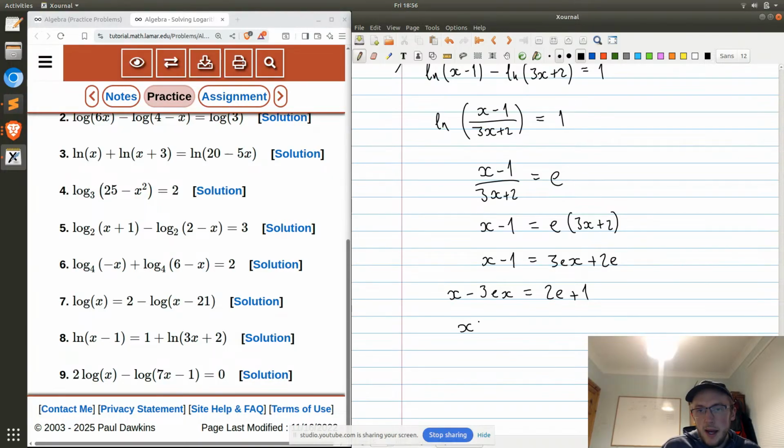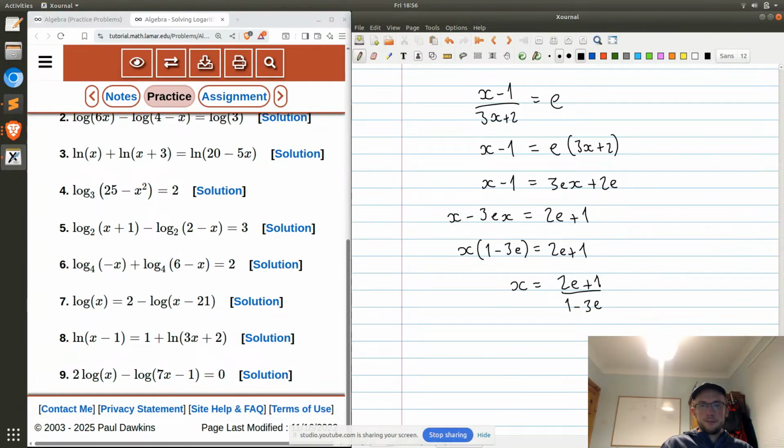And factor out x. And then divide. And there you go. Whatever this happens to be, that's the answer, I believe. But I'm going to calculate it.